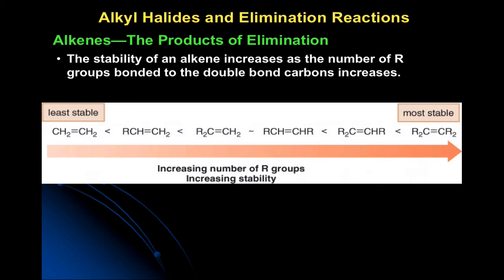Now notice that if we have the two substituents on the same carbon versus the two substituents on different carbons of the alkene, we say they're about the same stability, more or less. For all practical purposes, we can get away with that in this class. Okay? And these are less stable than a trisubstituted alkene, and a tetrasubstituted alkene is the most stable. So the more R groups we add to this, the more stable it is.